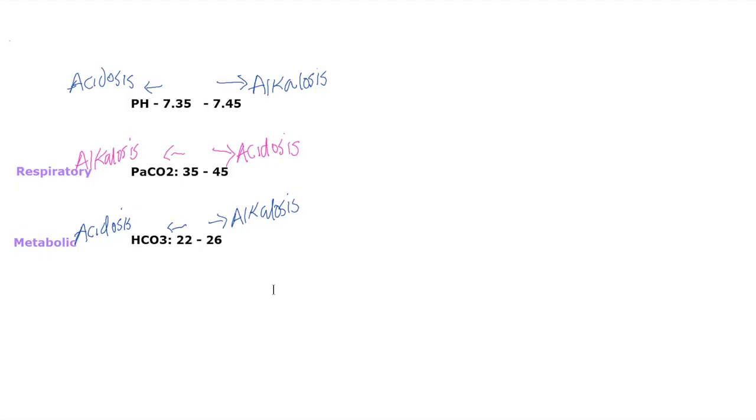Knowing these normal values: your pH is 7.35 to 7.45, your PaCO2 is 35 to 45, and your HCO3 is 22 to 26. Before we go forward, it is very important to know that right here in the middle, between 7.35 and 7.45, we have a number, and our magic number is 7.40.